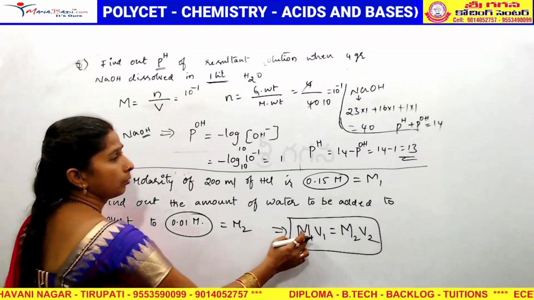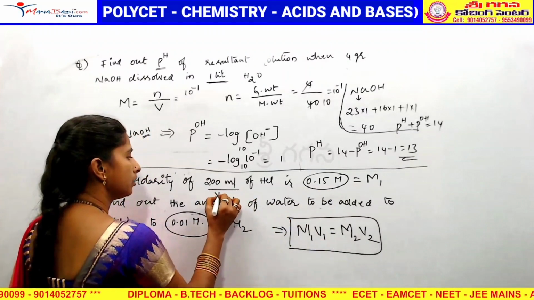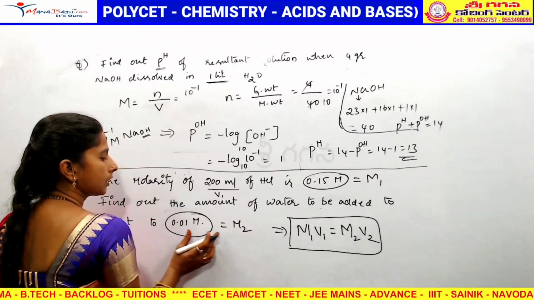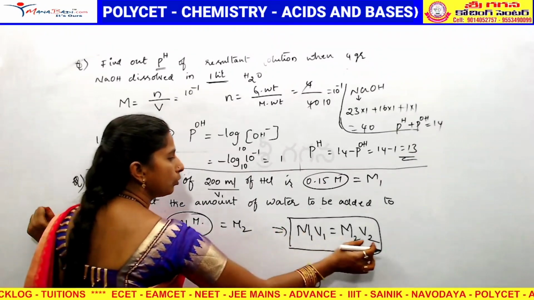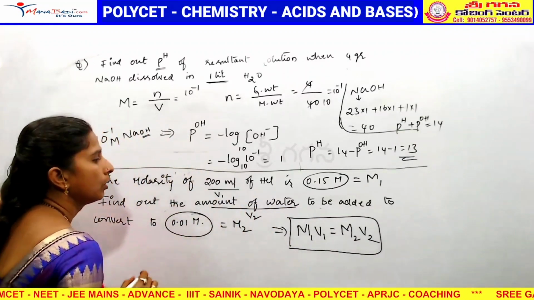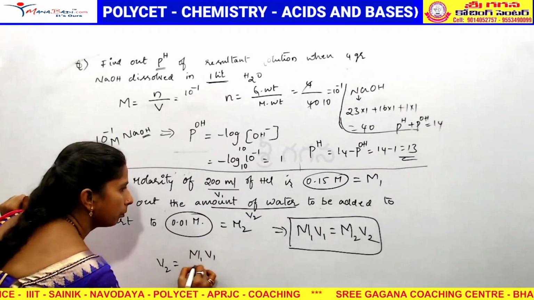M1 means the molarity of the first solution, V1 means the volume of the first solution. M2 means the molarity of the second solution. V2 is what we need to calculate. So V2 is equal to M1V1 by M2.